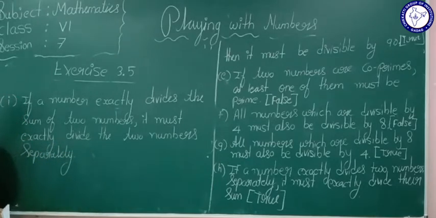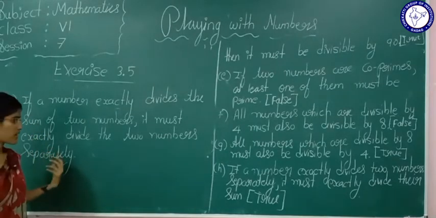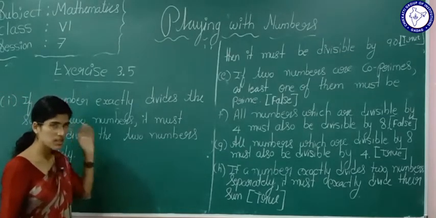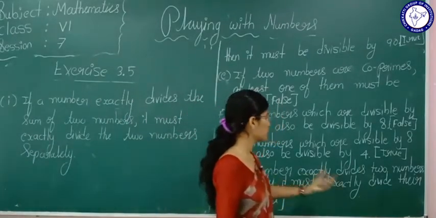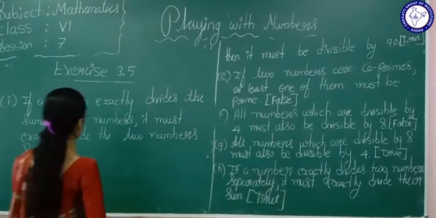Now see what they are asking. This is the reverse of that. That one is correct: if a number exactly divides two numbers separately, it must exactly divide the sum. This is true, but this statement is false.